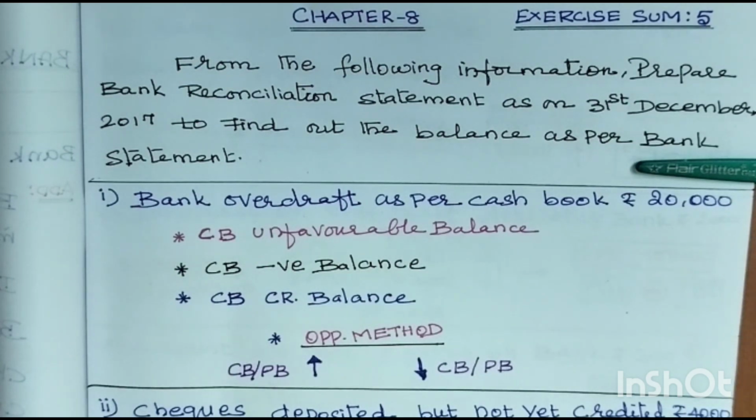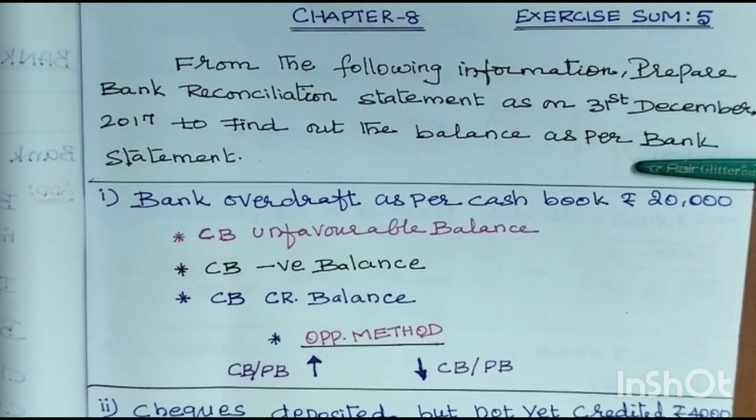We have been given here bank overdraft as per the cash book, which means balance as per the cash book. You can understand that this question is based on the cash book.